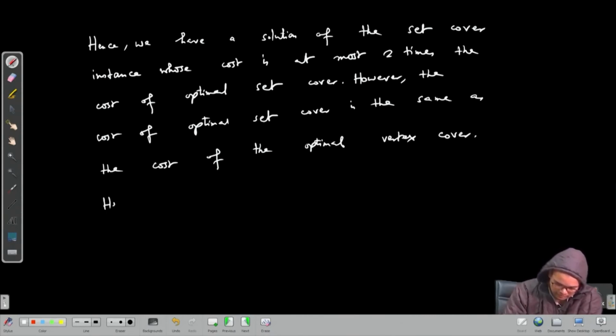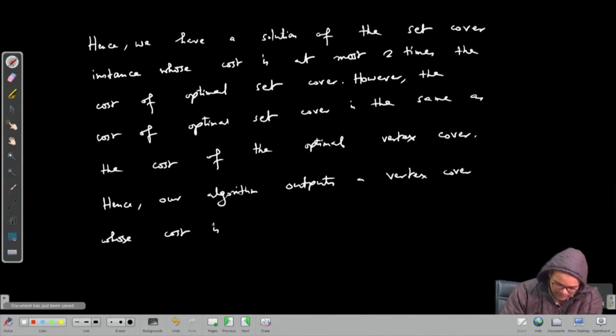Hence, our algorithm outputs a vertex cover whose cost is at most twice the cost of the optimal vertex cover.